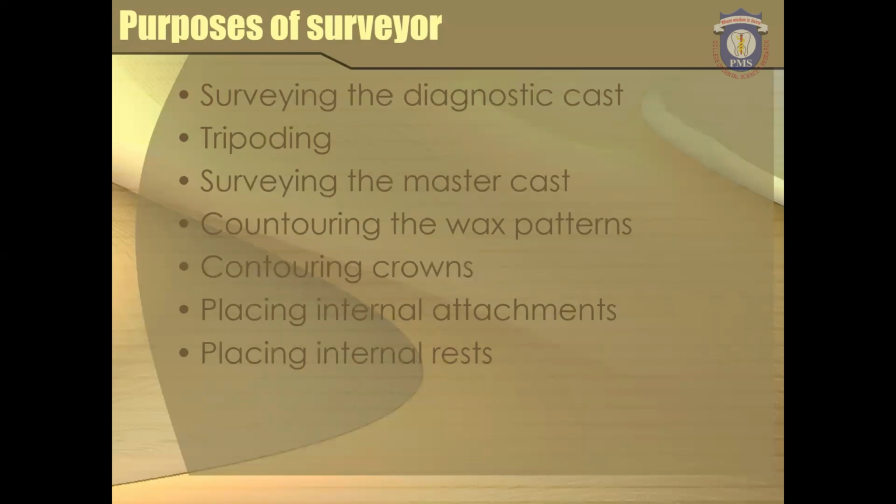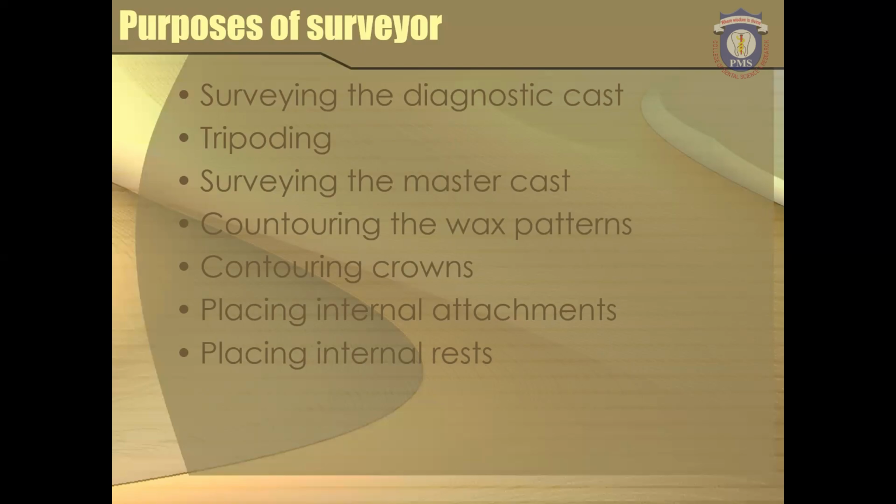So if we have fabricated the prosthesis, when the prosthesis comes from the lab, the cast can be attached to the surveyor to see whether any overhangings are there. So contouring of the crowns can also be done. Then there is placement of internal attachments and placement of internal rests.